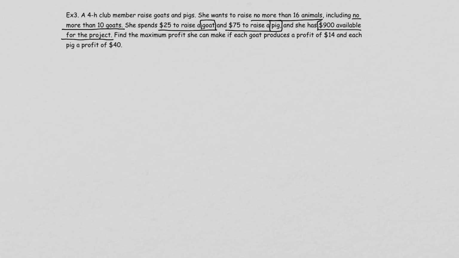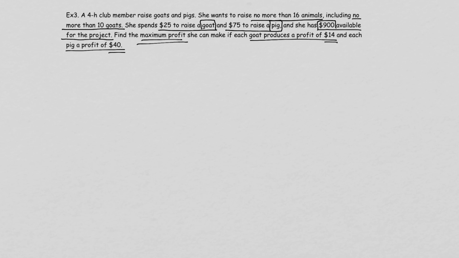Right, 900. So this is all important information. In order to maximize the profit, the goat produced a profit of $14. So goats, $14 profit. And pig profit is $40.